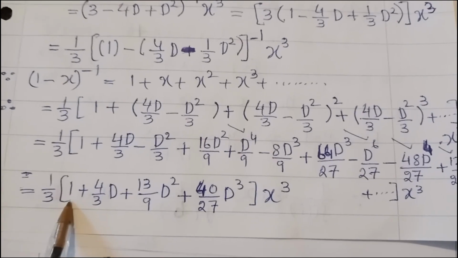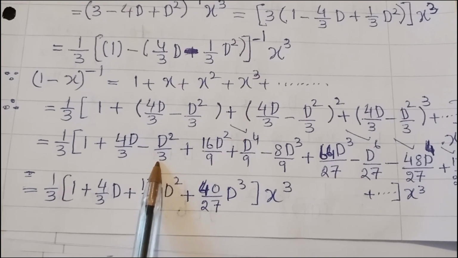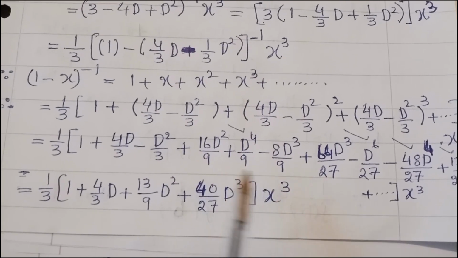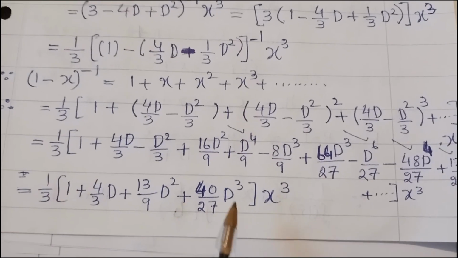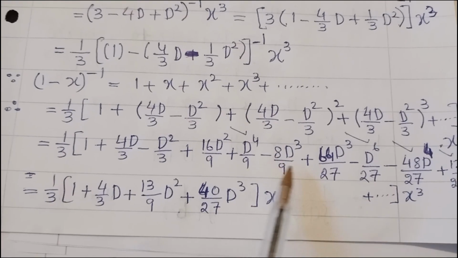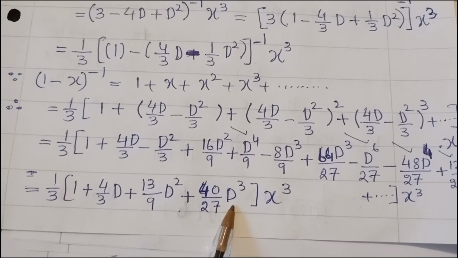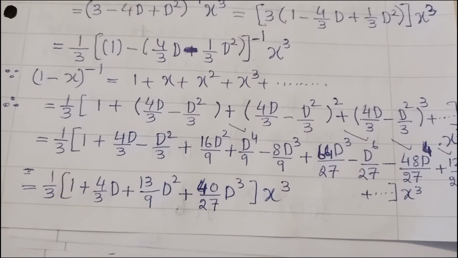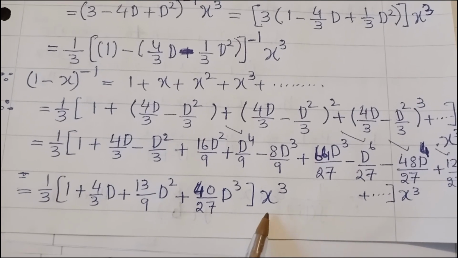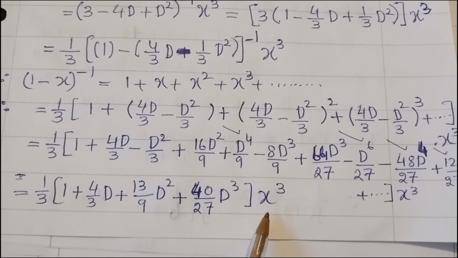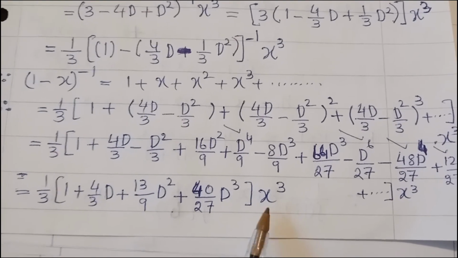So 1 upon 3 times 1 plus 4 upon 3d, and d square terms, 16d square upon 9, will be combined, so 13 upon 9 d square, plus also we have minus 8 upon 9 d cube, 64 upon 27 d cube becomes 40 upon 27 d cube, and we are terminating the rest of the terms containing higher powers of d, because our polynomial is of degree 3, and you know that when you differentiate x cube 4 times, this will be 0.